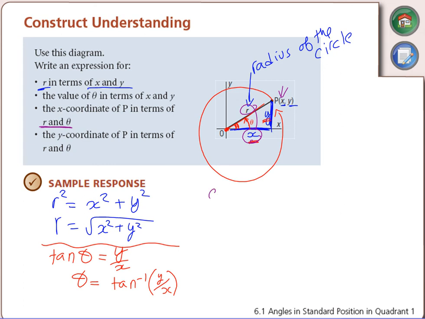So we can say cosine of theta is equal to x over r. And we want to isolate x now. So we'll take our x, multiply our r up, and we get x is equal to r times the cosine of theta.